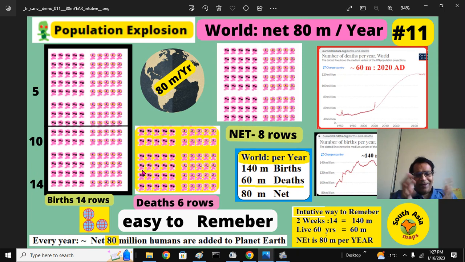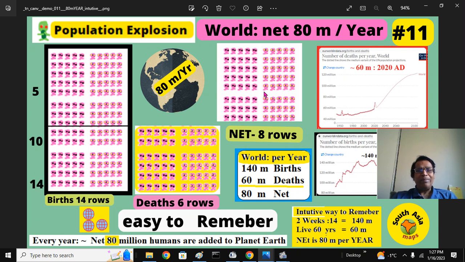Another way is to remember there are 14 days in two weeks. That means 140 million people are added. This is the net births for a year. Remove 6 rows and you will get 8 rows.